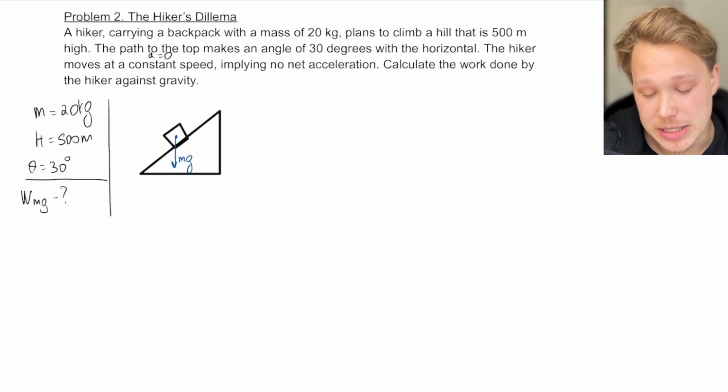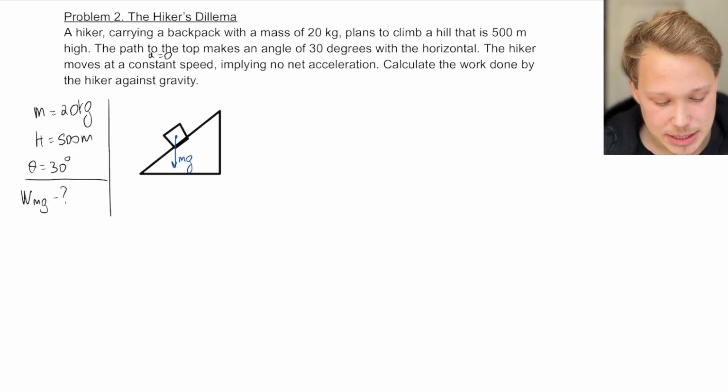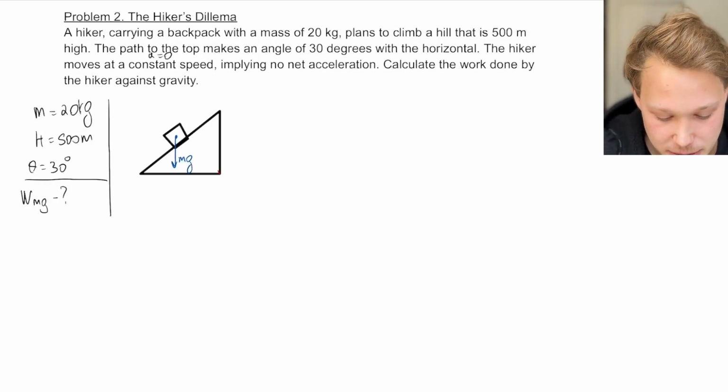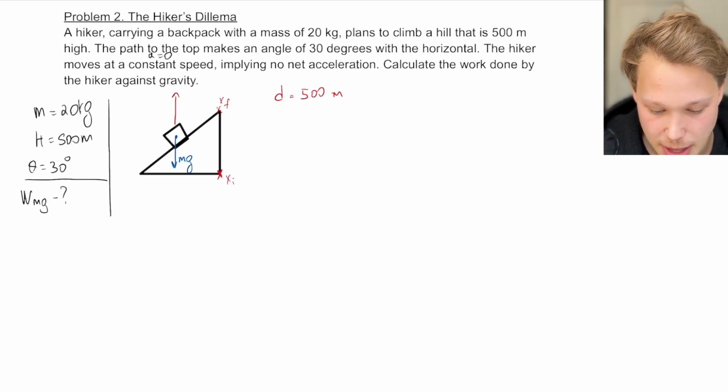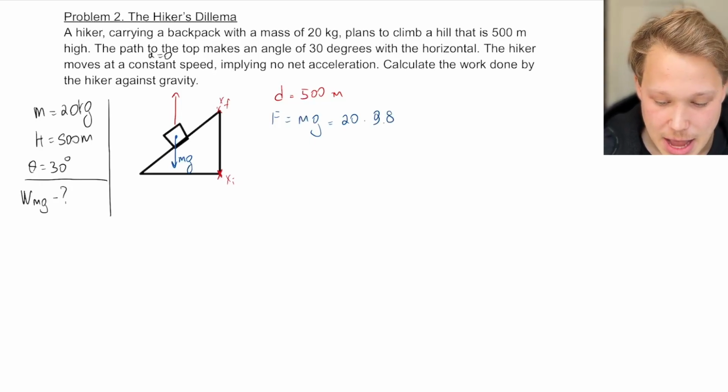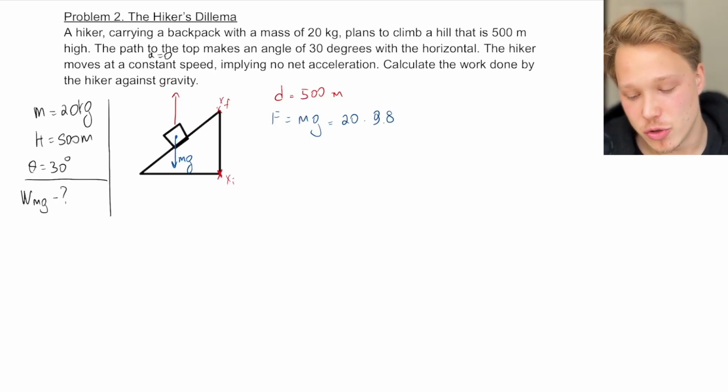So mg is pointed downwards, but the displacement, so he starts here and ends here, is in the upward direction. The displacement here is equal to 500 meters. And the force is equal to mg, or 20 times 9.8.